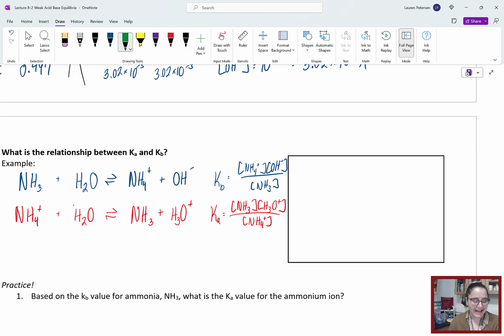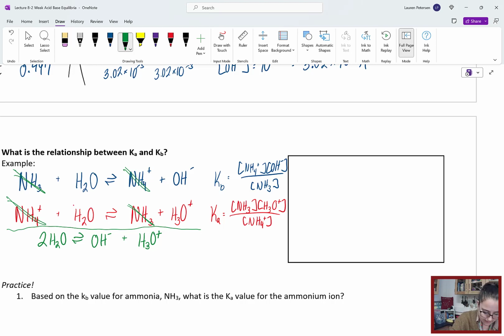If we were adding up these reactions and looking at the overall reaction, the NH3 here would cancel out with the NH3 here. The NH4 here would cancel out with the NH4 here. So our general reaction would be 2 H2O going to OH minus and H3O plus. Or written even more simply, divided by 2, we got H2O going to OH minus and H plus.